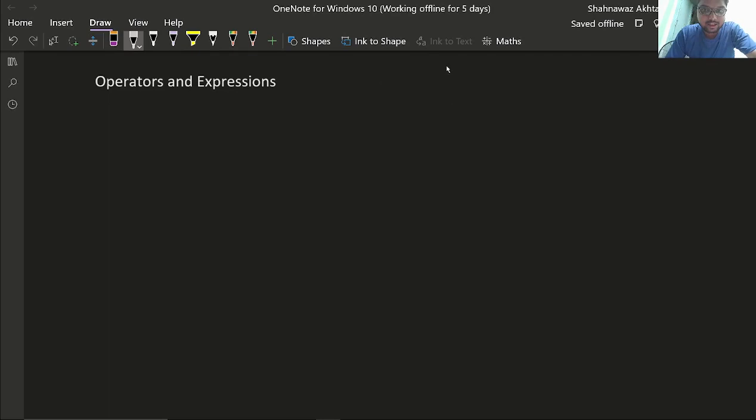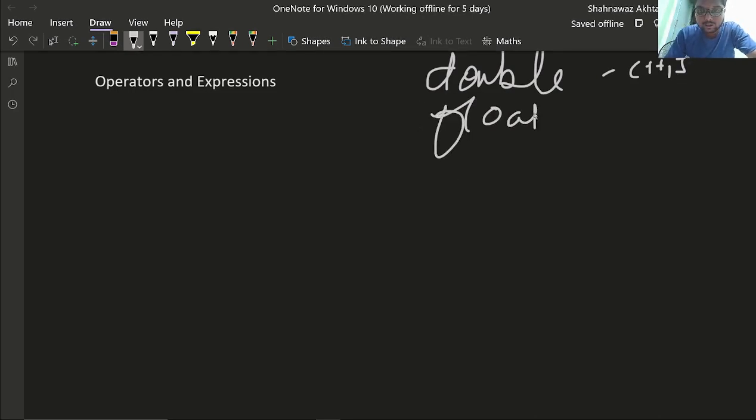So basically, what is the hierarchy? See, in the hierarchy system, the one which is larger in size will be considered as the most preferable. That is double. All right, double is used in both C++ and Java. Okay, then what will come? It comes float. This is also important in both the languages.